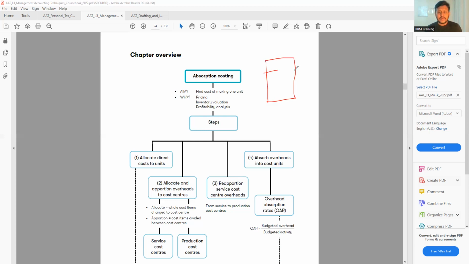Now, for example, let's say in one building we have 3 floors, and one floor belongs to the office, one floor belongs to the production center, and one floor belongs to, for example, the canteen. Now, try to understand. Let's say the first thing is salary for office staff, 10,000.